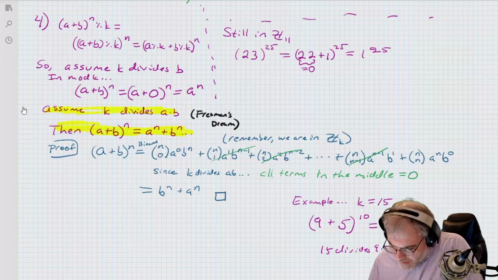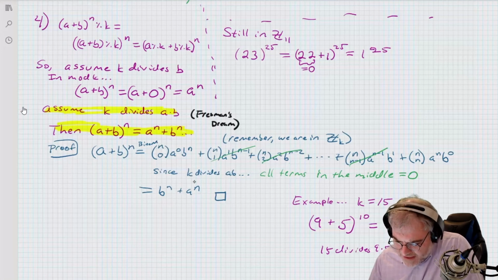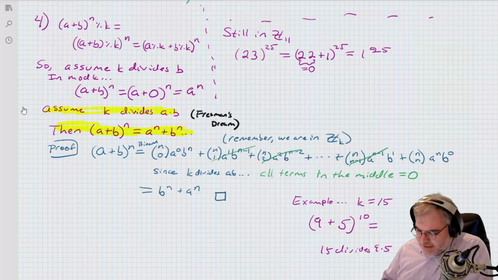So if K is prime and K divides AB, then K divides A or K divides B, right? That's part of being prime.